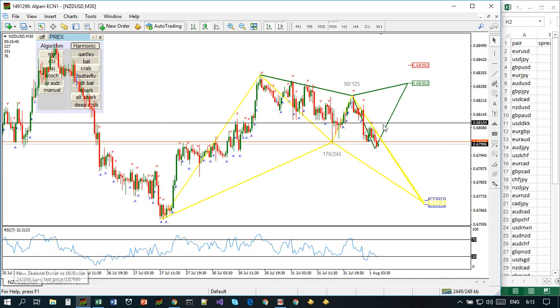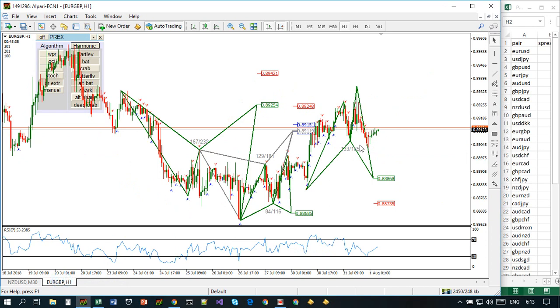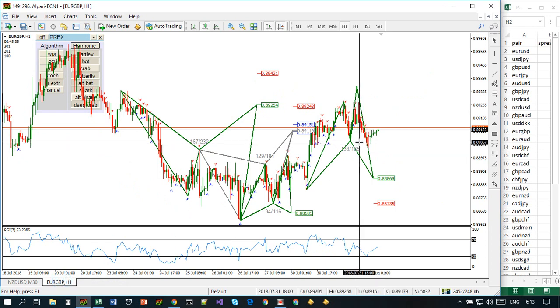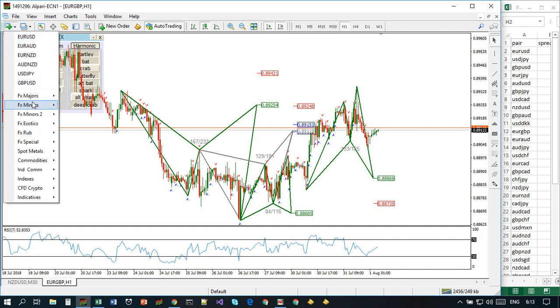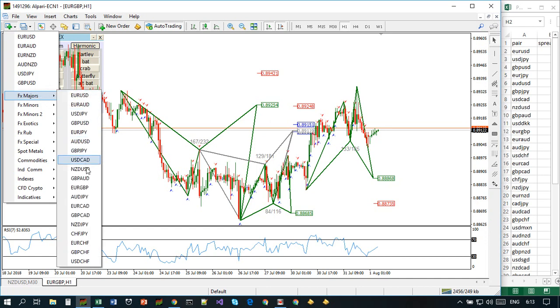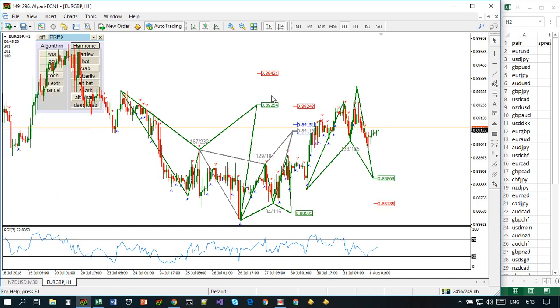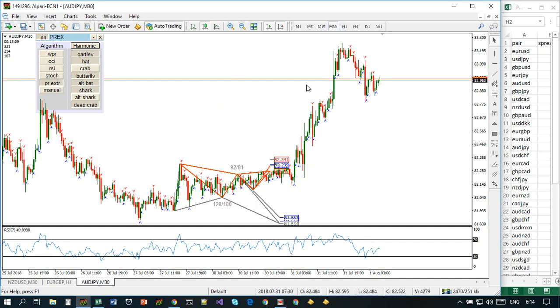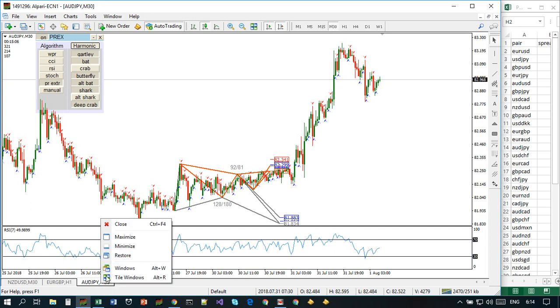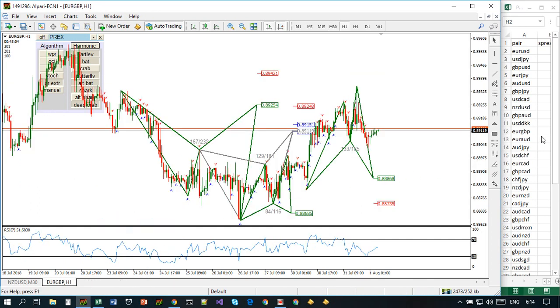One of them is New Zealand dollar 30 minute, and another is Euro GBP. It's not yet completed. Okay, let me find something else. Aussie yen. Nothing. Dollar Swiss, I don't trade it. Euro Canadian.